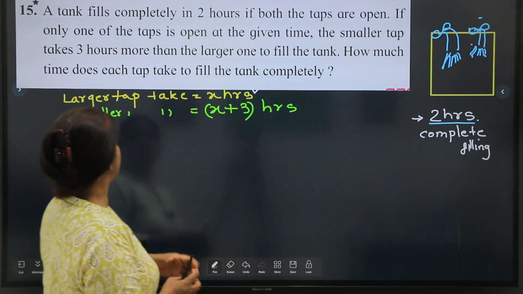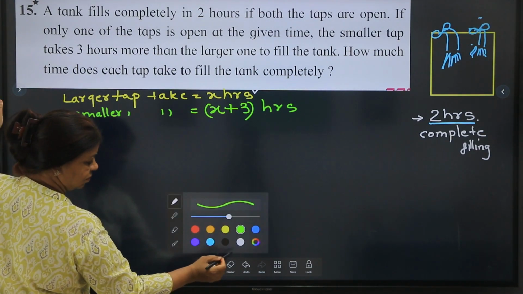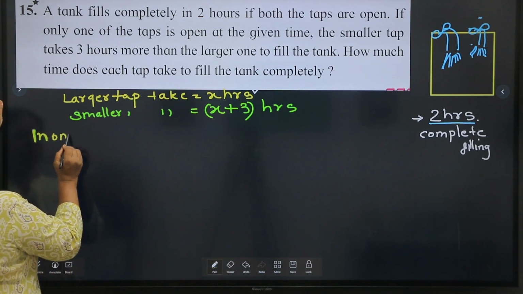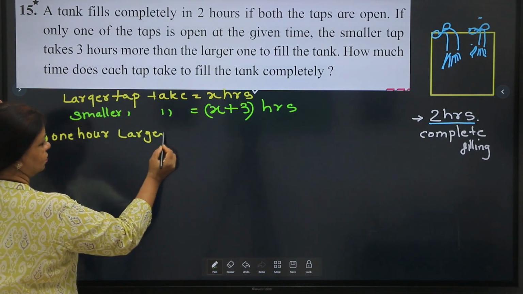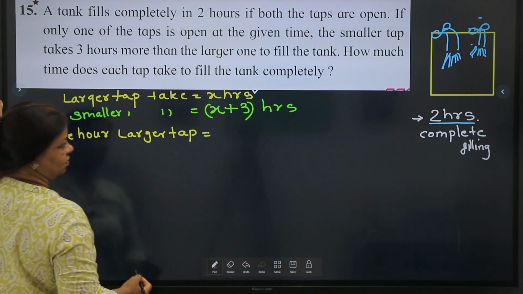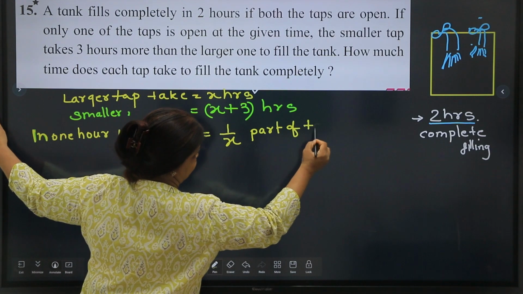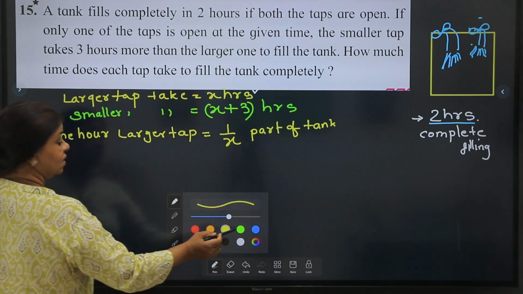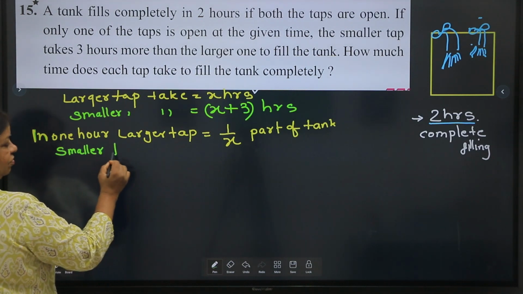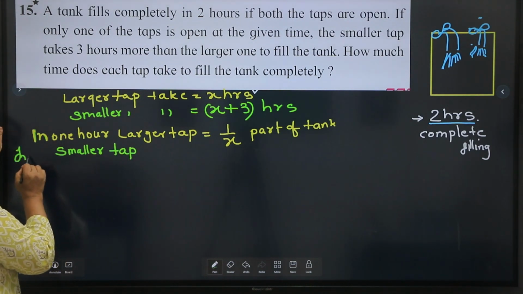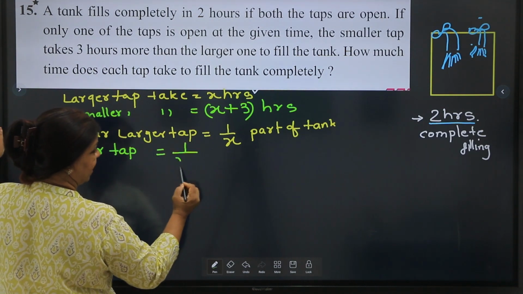If larger tap is taking x hours, then in 1 hour larger tap will fill 1 upon x part of the tank, and smaller tap will fill, in 1 hour, 1 upon x plus 3 part of the tank.